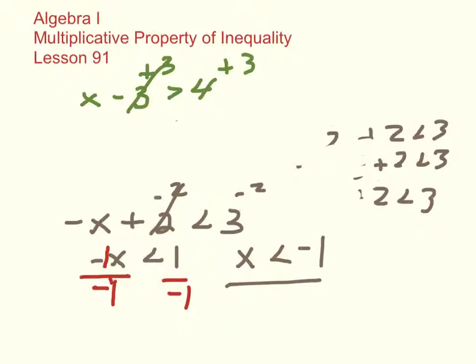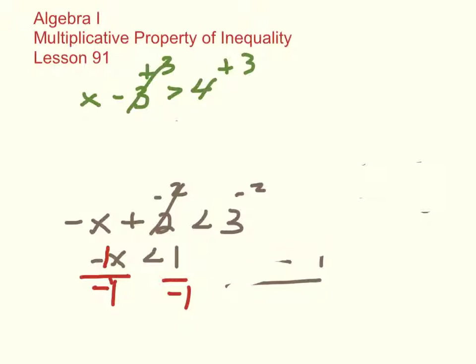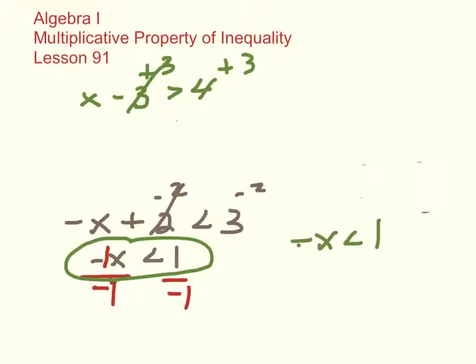This is something that you really want to make a close note of in your notes. Whenever you have an inequality like I had over here, so if I have a negative x less than 1, whenever you multiply or divide both sides by a negative number, there's something special that has to happen with the inequality.